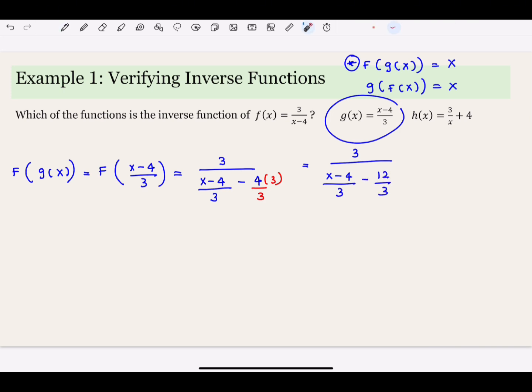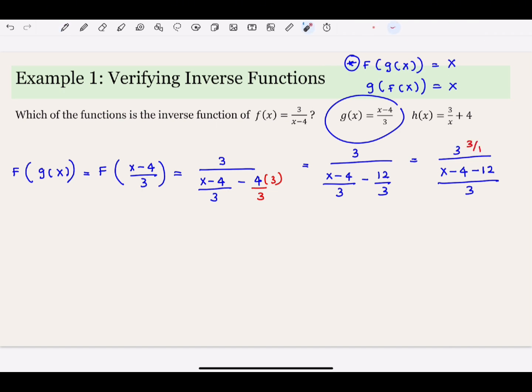Now you see in the denominator, you have two fractions and they have a common denominator, so you can combine these two expressions. If you combine them together, you'll get (x − 4 − 12) over 3. Now this 3, you can write as 3 over 1. It's the same thing.